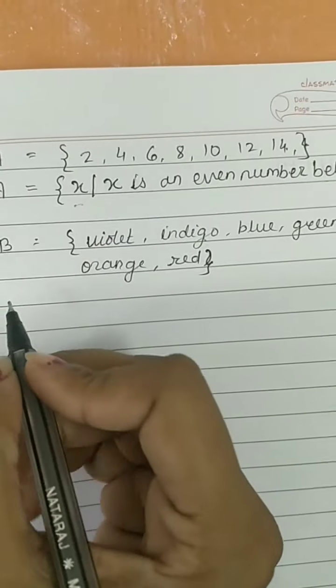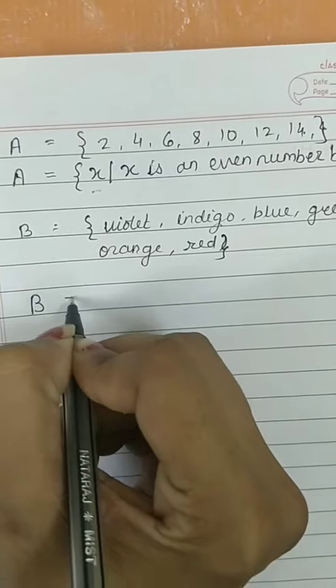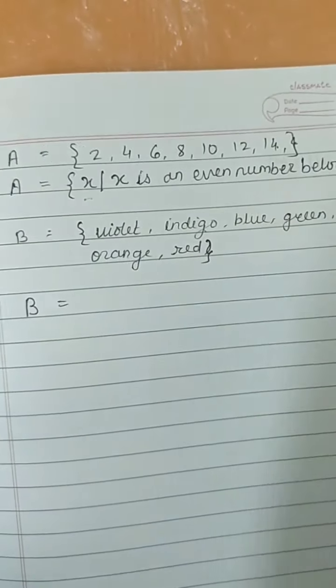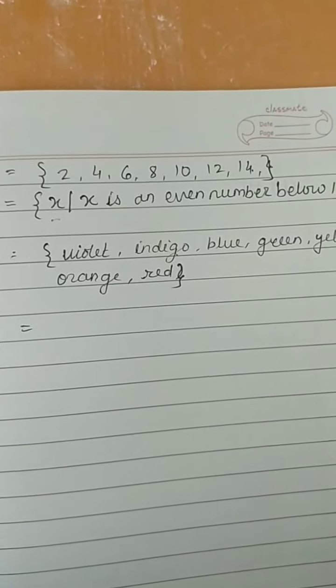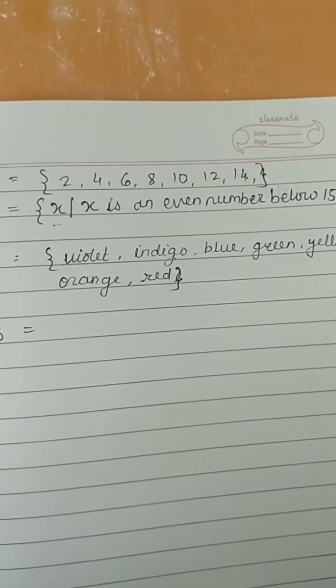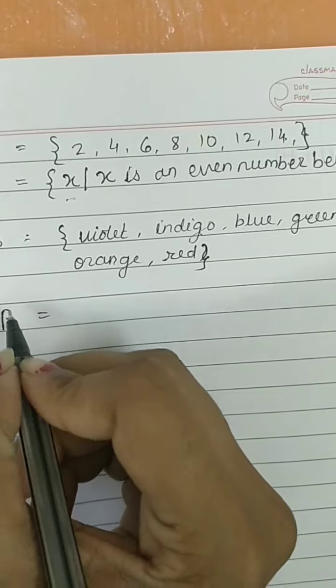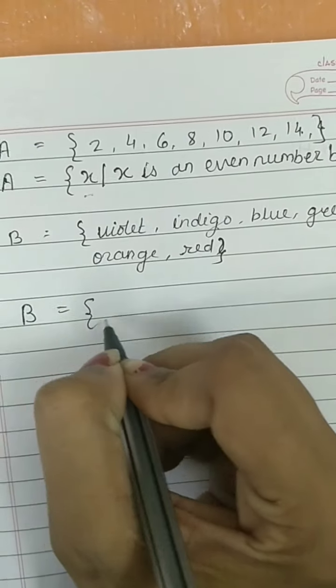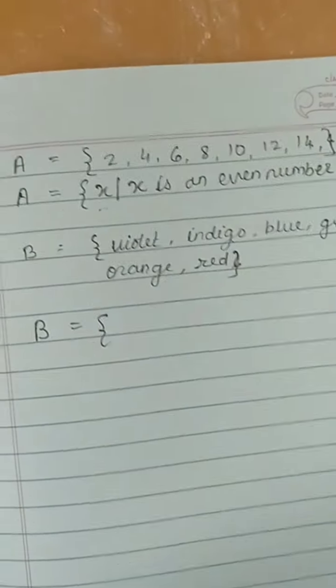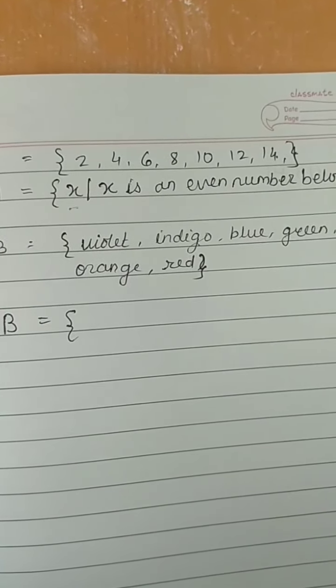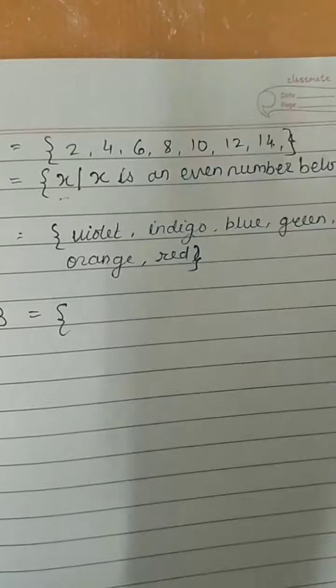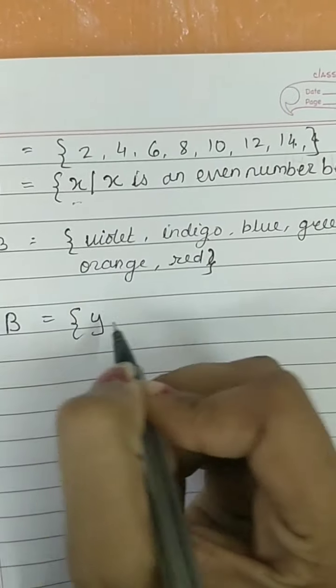Yes. And now B. If you observe all these, violet, indigo, blue, green, yellow, orange and red, these are the colors in the rainbow, right? So can I write it like this? B is a set of, now this x cannot always be x, it is just a variable. You can write it like this also, y.